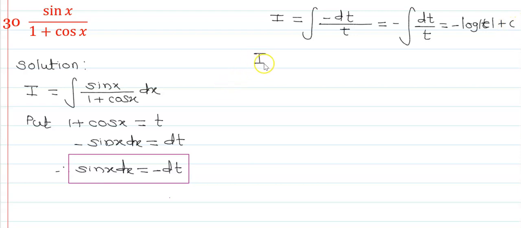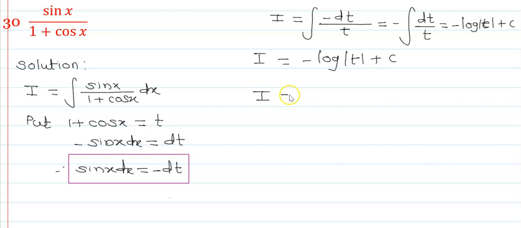Therefore here I is equal to minus log of mod t plus c. We can observe this negative sign also, or keep it as it is.